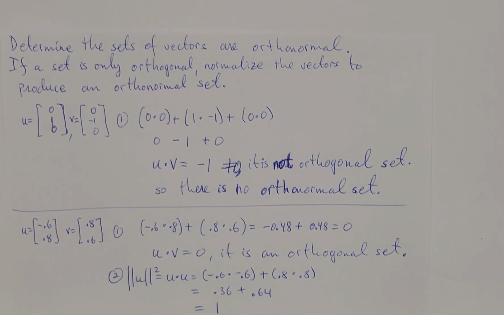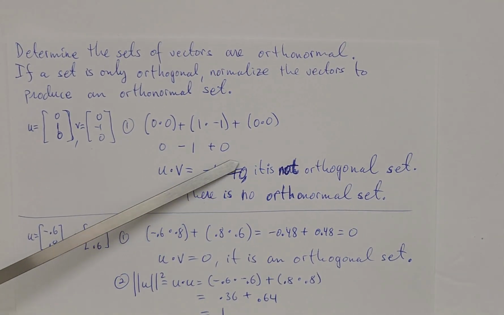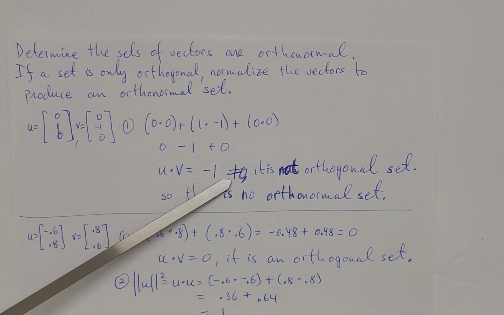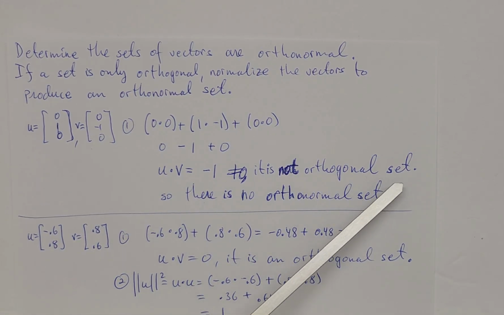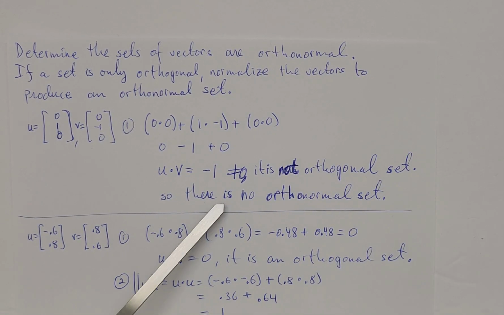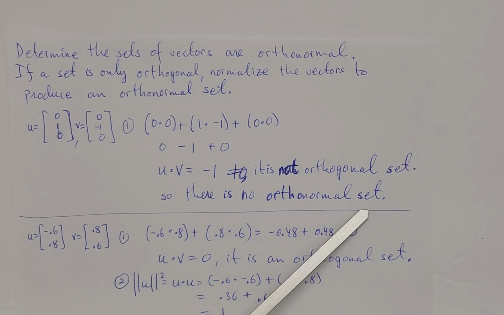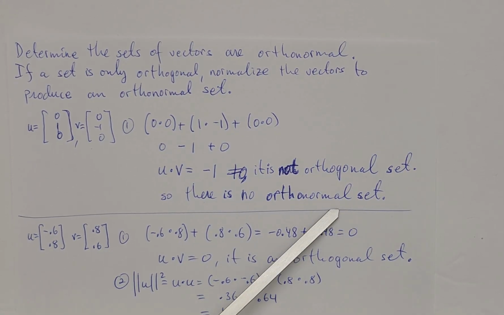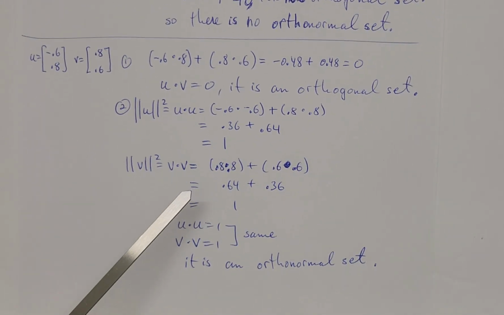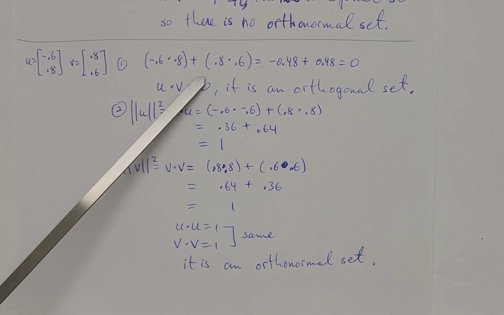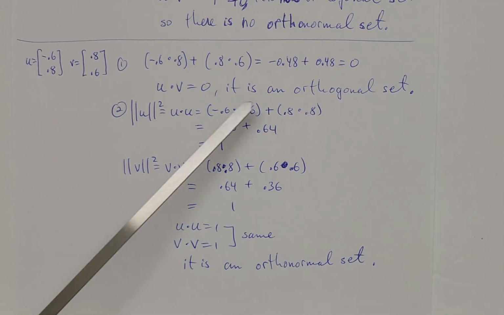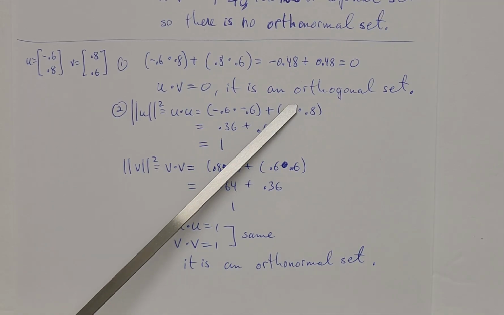One more time: if the solution is not 0, then it is not an orthogonal set, so there is no orthonormal set. You don't need to go any further; we can stop there. However, if the solution is 0, then it is an orthogonal set.